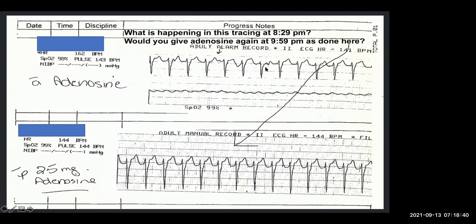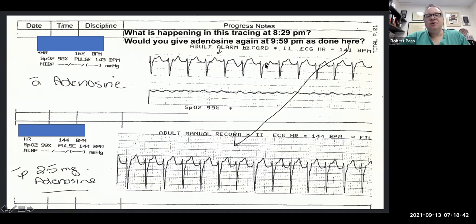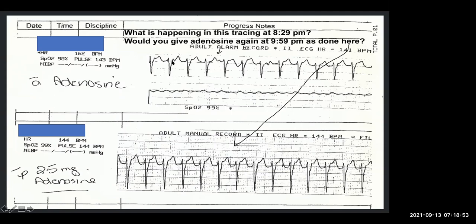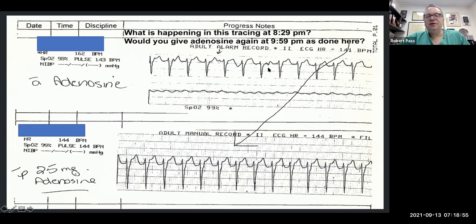You clearly see, look at this P wave here. It's between the QRS and the T wave, but it's at a different location than this P wave. This P wave is a little closer to the QRS, and this one is a little farther away. So it seems like when adenosine was given, there seems to be dissociation between the V's and the A's.